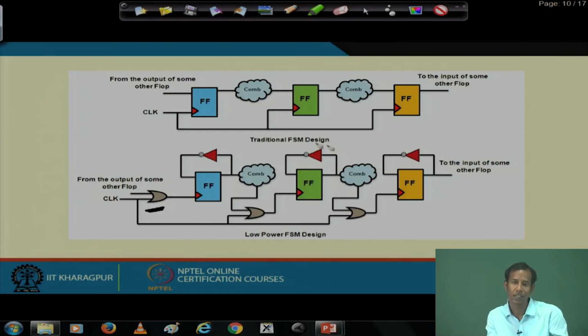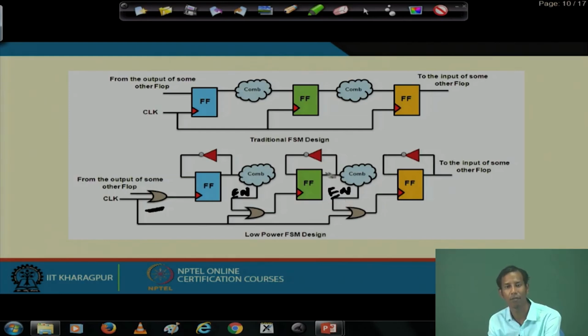If this FSM is in the running condition, then according to the logic which provides the corresponding enable signal from this combinational logic, it will be ORed with the clock.